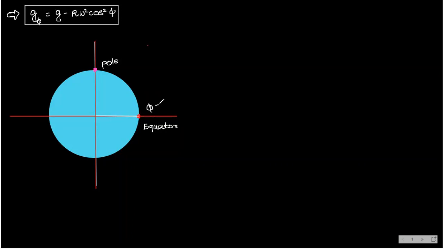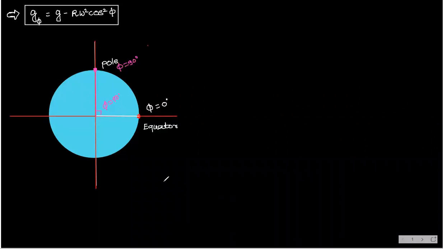Phi is equal to 0. And if I have drawn another line like this here, what will be the angle? 90 degrees. Therefore, for poles, phi is equal to 90 degrees.